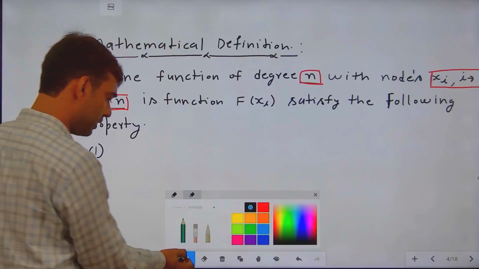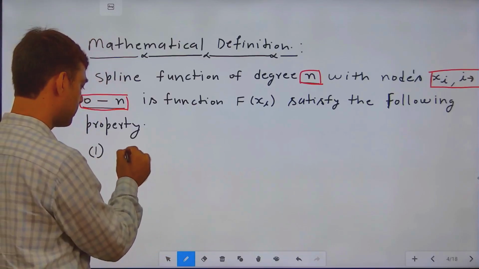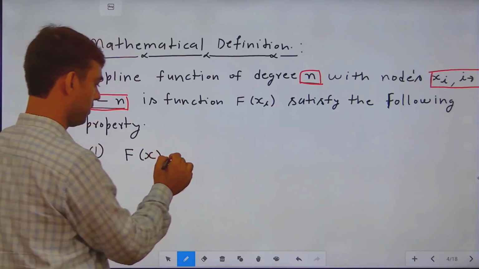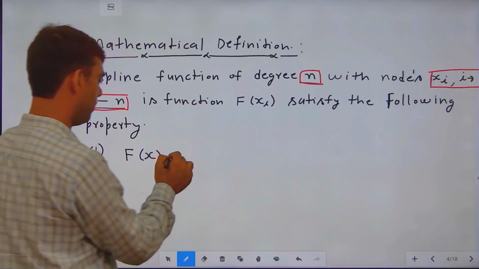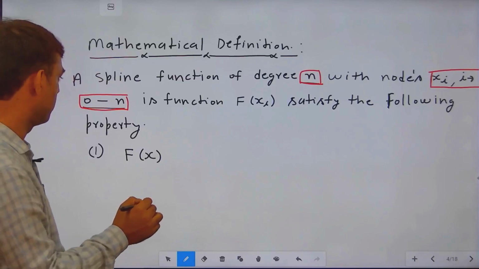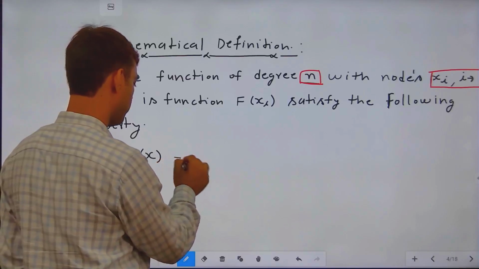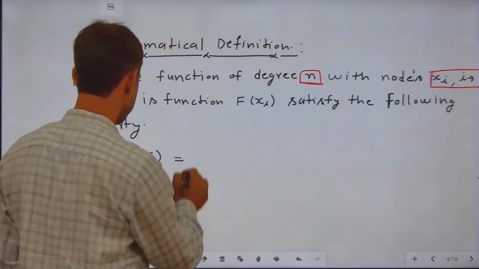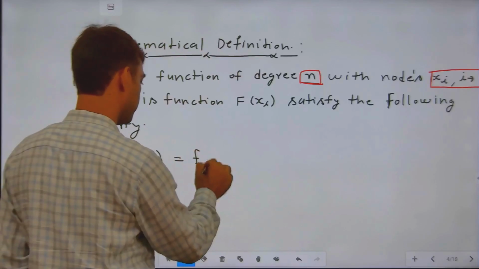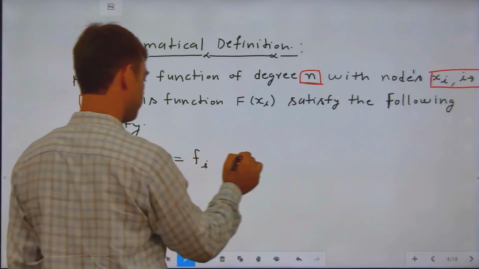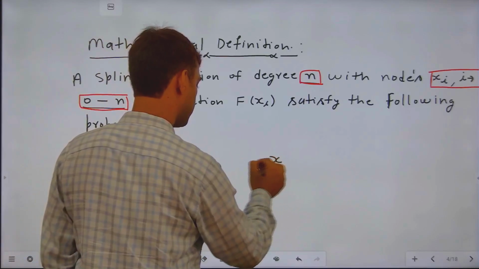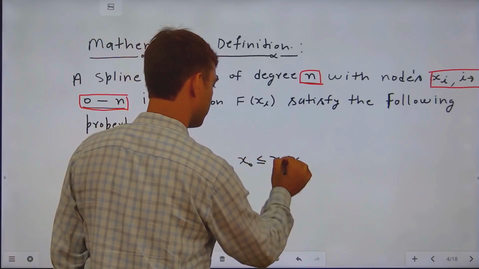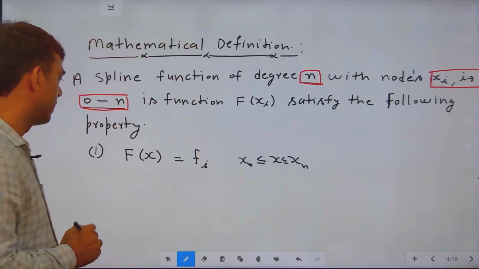What is the first property? f(xi) equals fi, for x between x0 to xn.